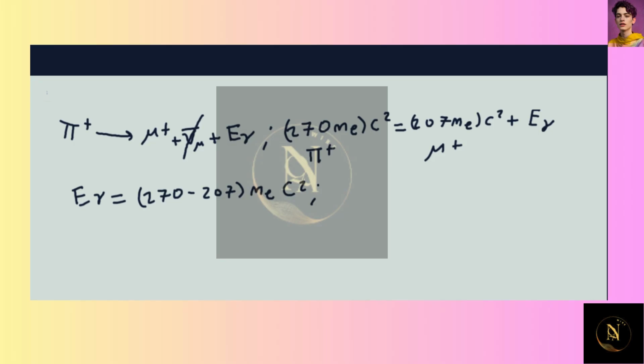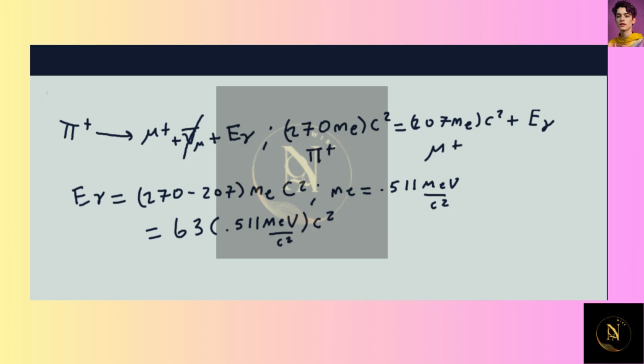Now what do we need? We need to know what the mass of the electron is. Mass of an electron, rest mass, is 0.511 MeV per c squared. And notice how c squared is going to cancel here. So what we're going to be left with is 63 times 0.511 MeV per c squared times c squared.